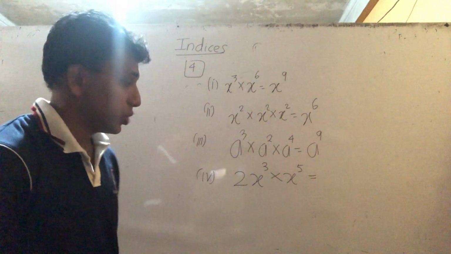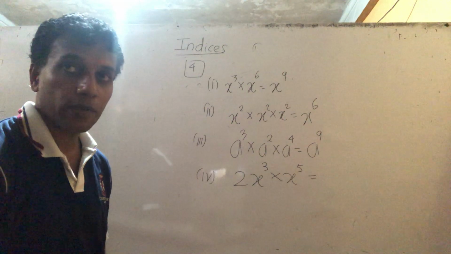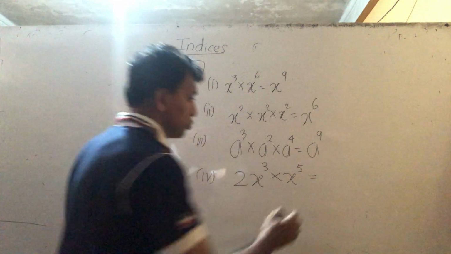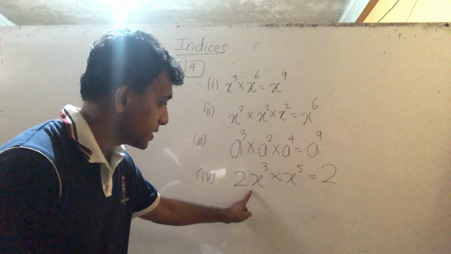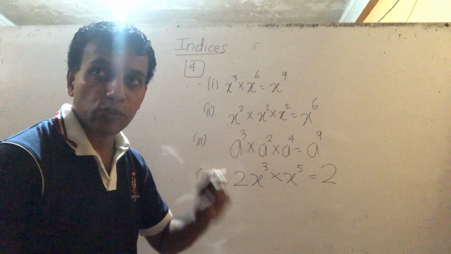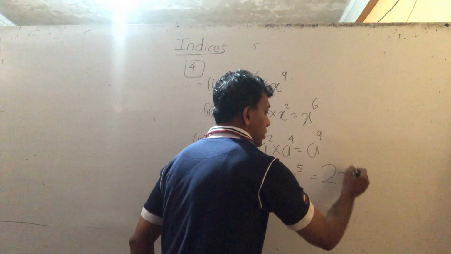See how this question works: 2x cubed multiplied by x to the power 5. There is a number also, 2 only, that is separate, so write 2. And here use the indices: the base is the same, multiply by adding the powers, 3 plus 5 is 8, x to the power 8.